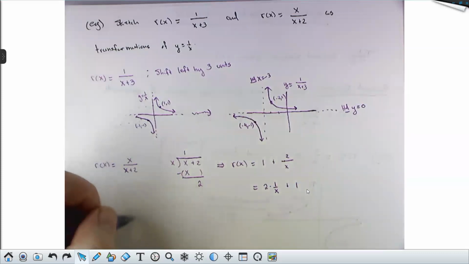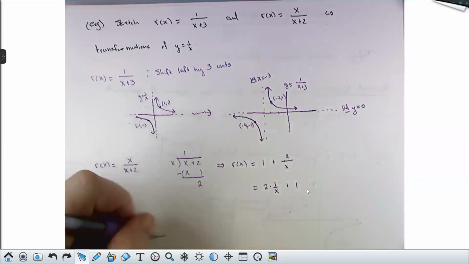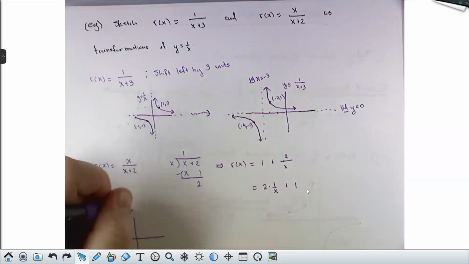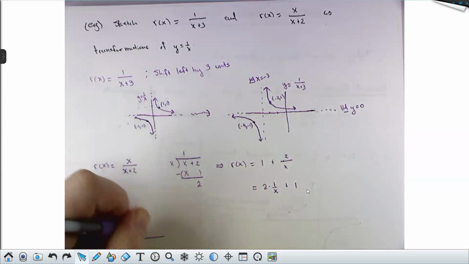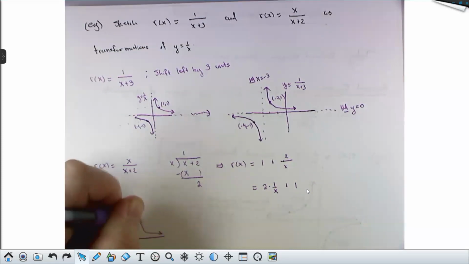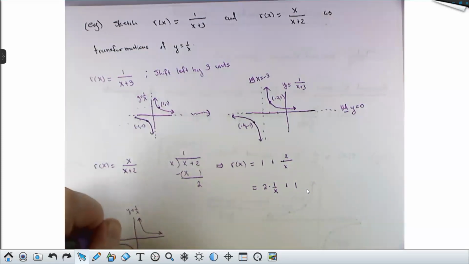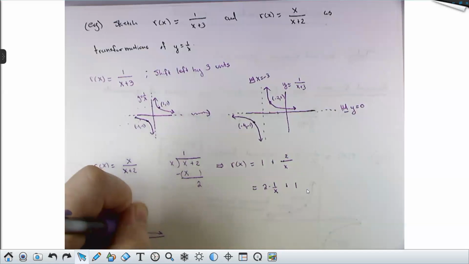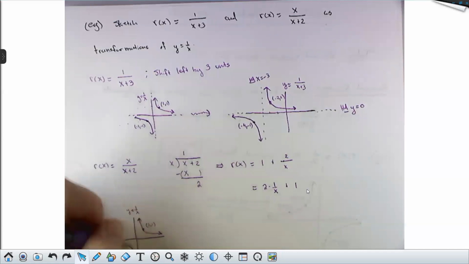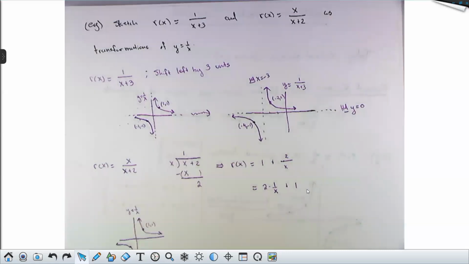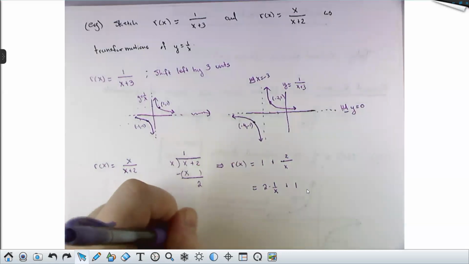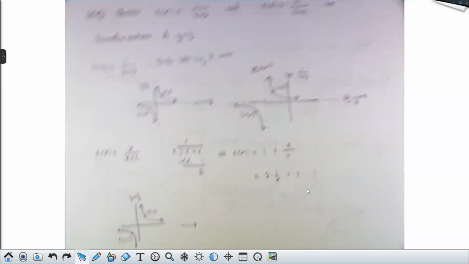So if I want to graph this guy, again, I start with y equals 1 over x. Which looks like this. I'll track those same 2 points, 1, 1, and -1, -1. There are no horizontal things to do here.